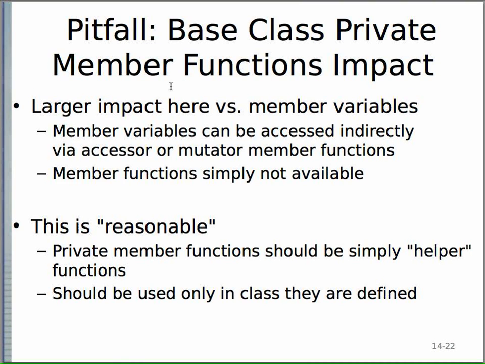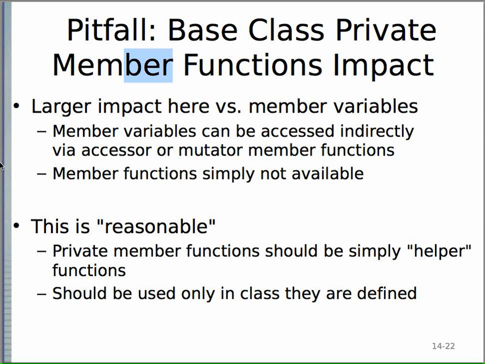If you have private member functions in the base class, that has sort of a larger impact than member variables. Why is that? Because member variables, you can access them typically through accessor or mutator, that is get or set member functions. However, for member functions that are private in the base class, there is no alternative, right?